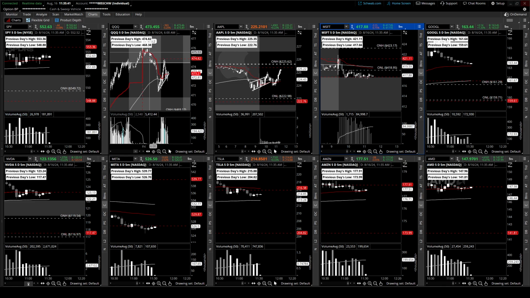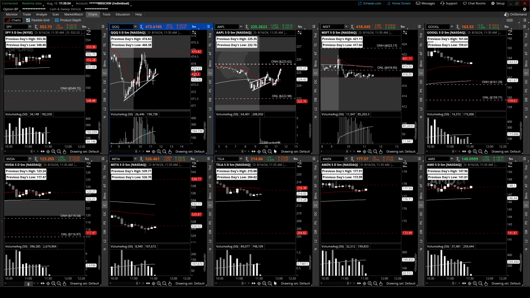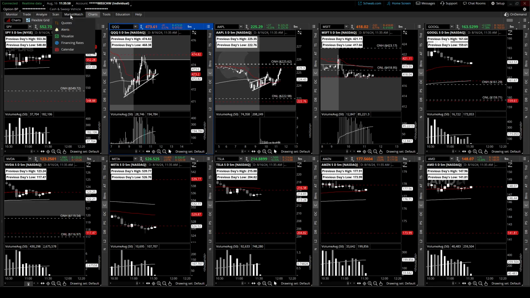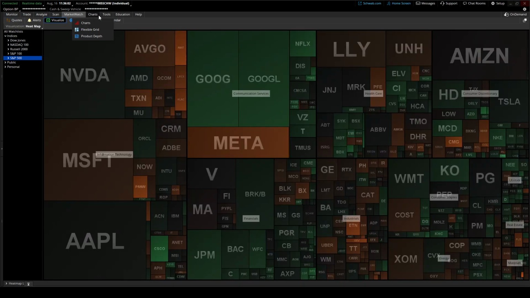Now, why do we trade QQQ more so rather than SPY? Well, the main reason for that is, if you guys don't already know, QQQ is a tech ETF. A really good way to get a visual of this is if we take a look at the heat map. I don't know if you guys are familiar with the heat map, but we have a heat map here on Thinkorswim.